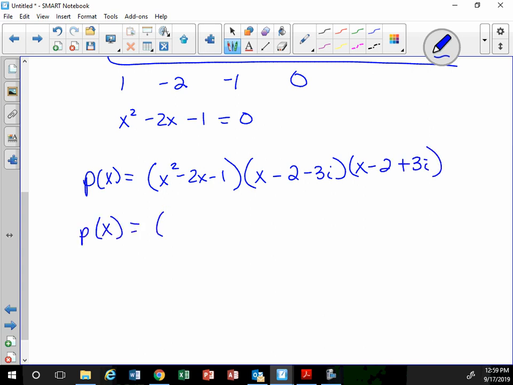We don't like imaginaries in our factors, so do you guys see the shortcut? If I was just doing the x minus 2 squared, that would be x squared minus 4x plus 4, right? And then I've got a negative 3i times a positive 3i, so that's minus 9i squared.